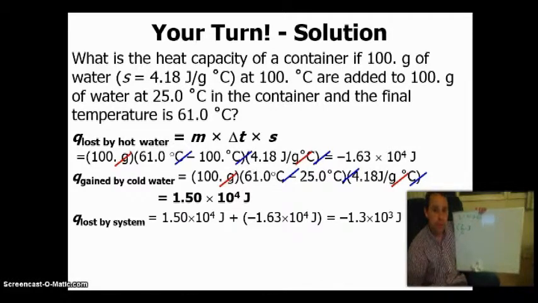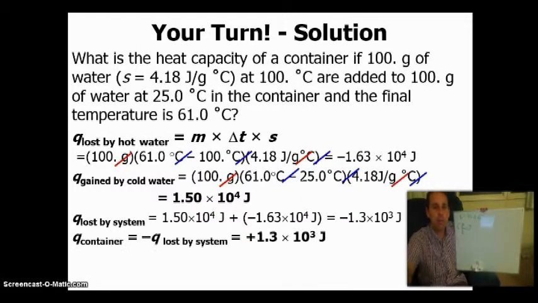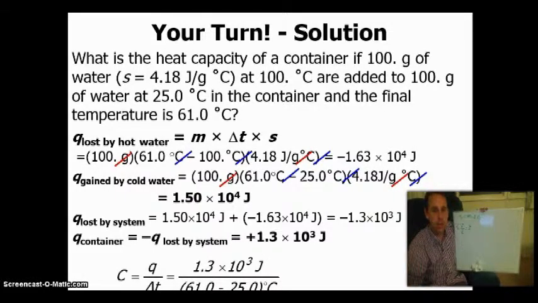Now I have the joules of energy that the system gained. Now I just have to look at the change in temperature that the system underwent. And the system went from the 25 to the 61, right? So it's the same as the previous one. I can take the heat in joules that the system absorbed, and divide that by the change in temperature.